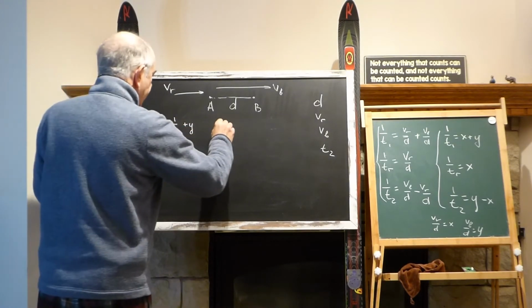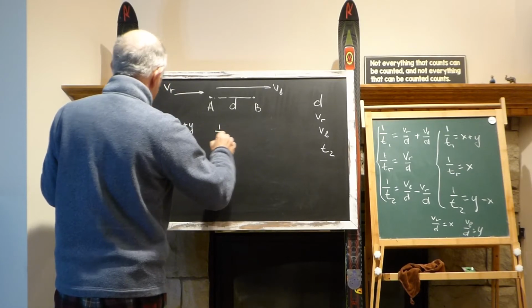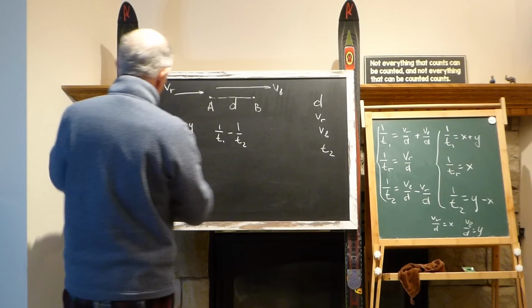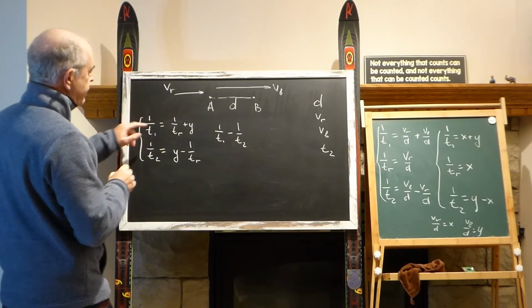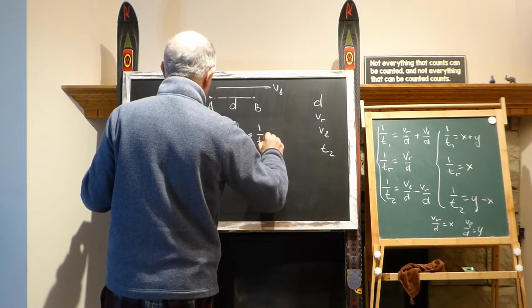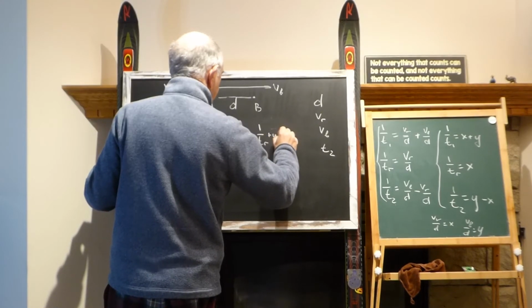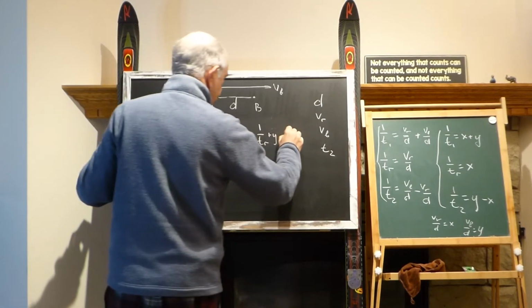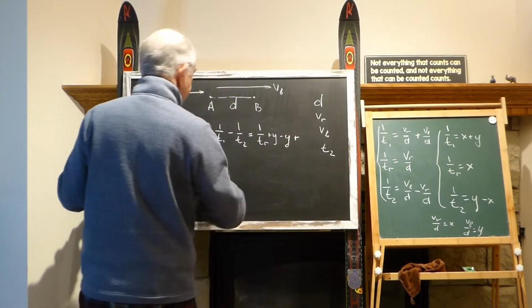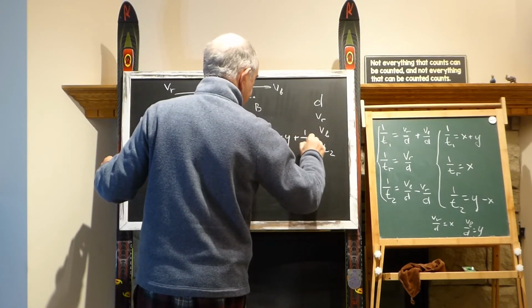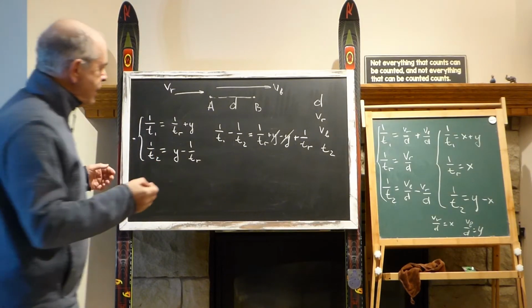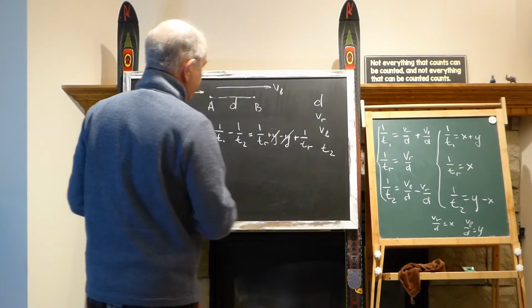So 1 divided by T1 minus 1 divided by T2. I subtract the left side from the left side, and I do the same here: 1 over T_R plus y minus y, and minus minus becomes plus, so I have 1 over T_R again. Those two y terms are gone because that's why I subtract them, and we have this equation.